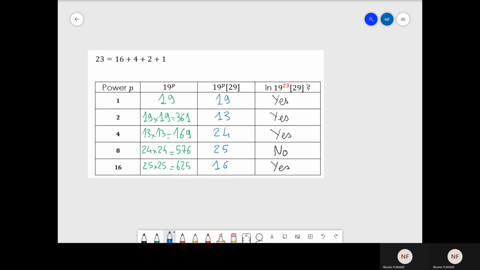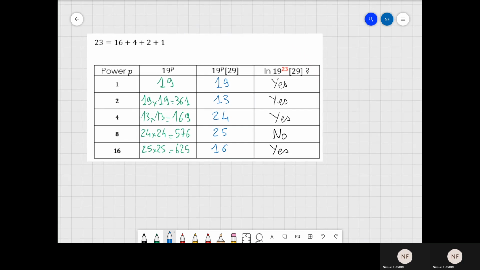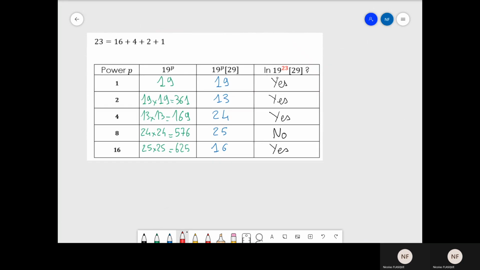So now, once this table is filled, we keep all the values with the powers that appear in the decomposition.